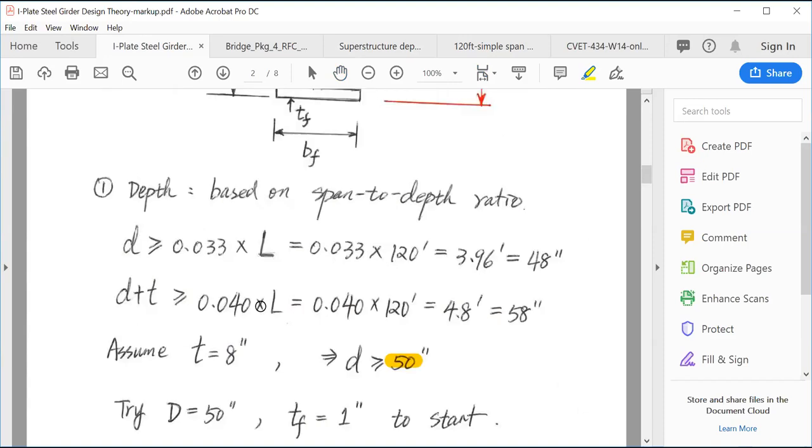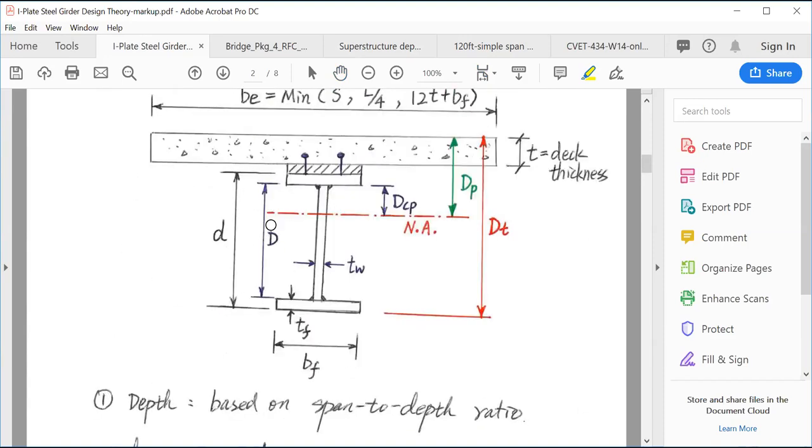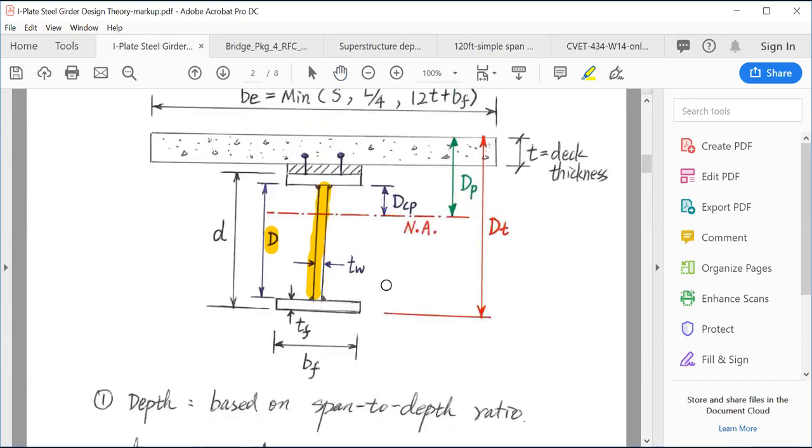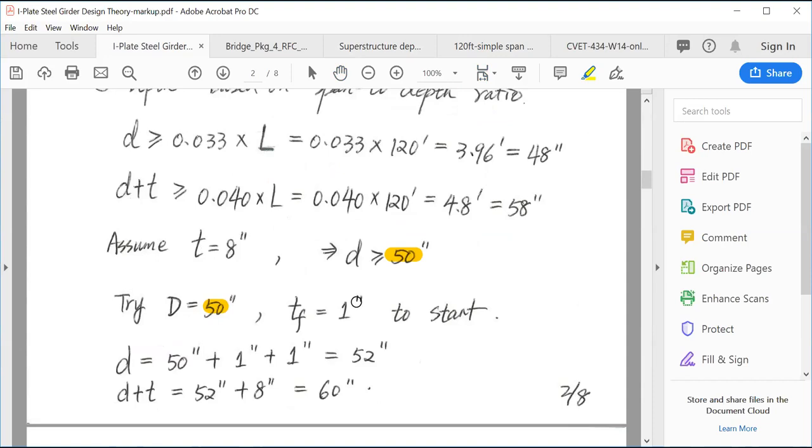I will try D, which is the web depth part, equals 50 inches, and assume that TF, which is the flange thickness, equals 1 inch.